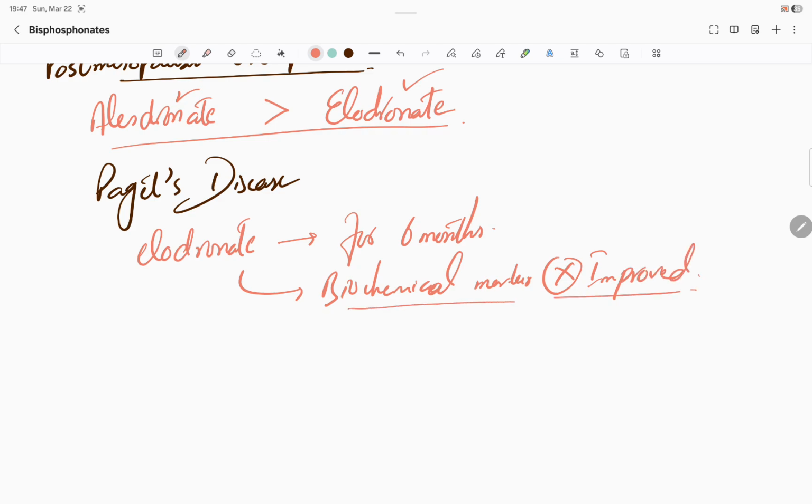Biochemical markers means tests which are important to be conducted if the patient is suffering from Paget's disease are not settled even after using etidronate for 6 months, okay.